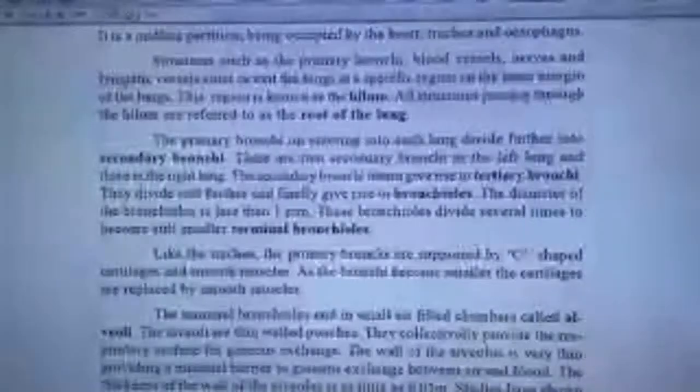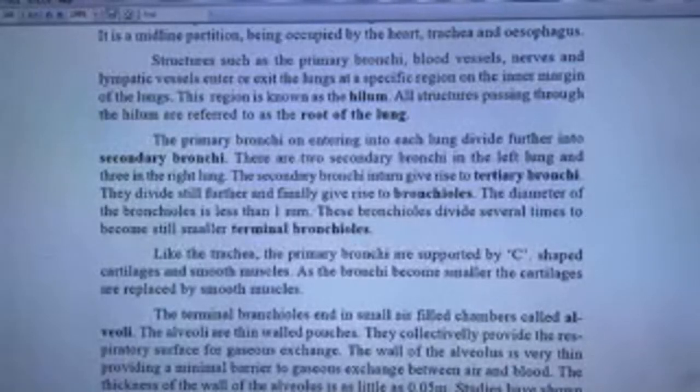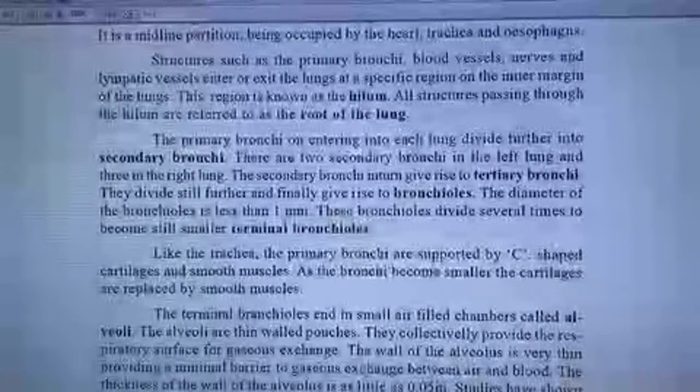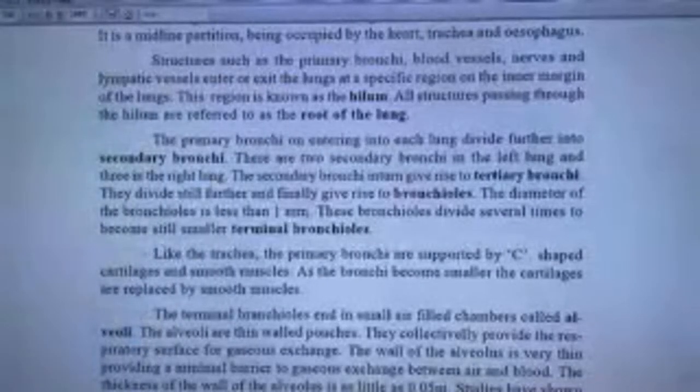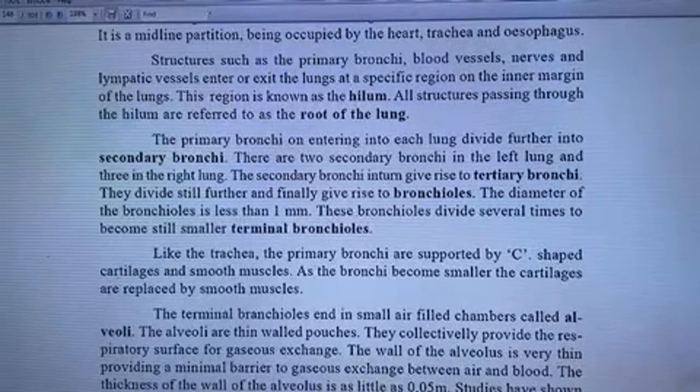Structures such as primary bronchi, blood vessels, nerves, and lymphatic vessels enter or exit the lungs at a specific region on the inner margin of the lungs. This region is known as the hilum. All structures passing through the hilum are referred to as the root of the lung.